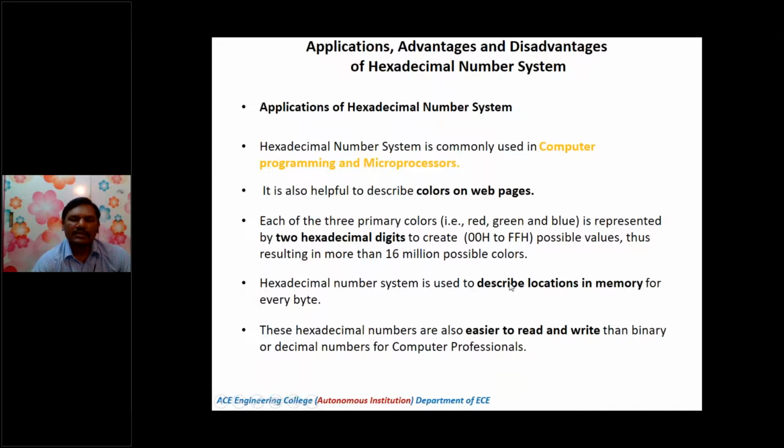It is used to describe locations in memory for every byte, and it is also much easier to read and write than binary number systems.